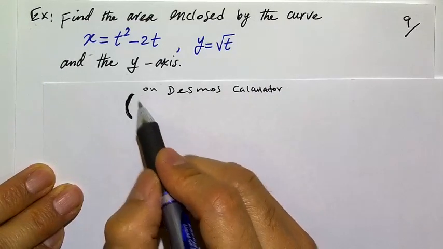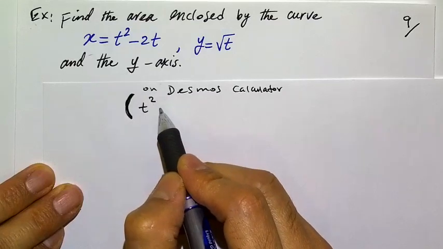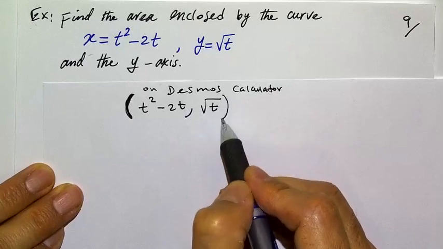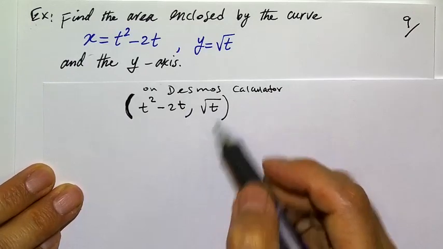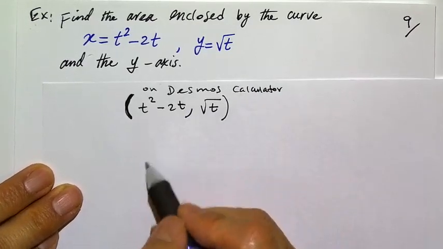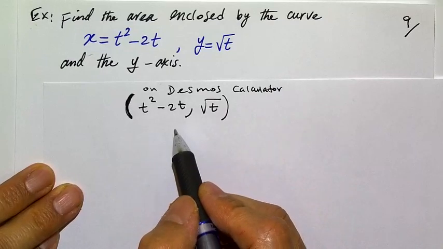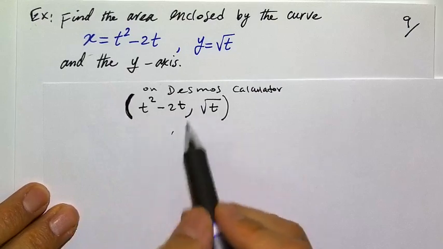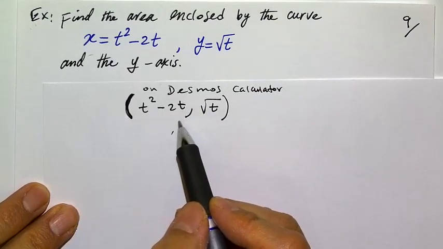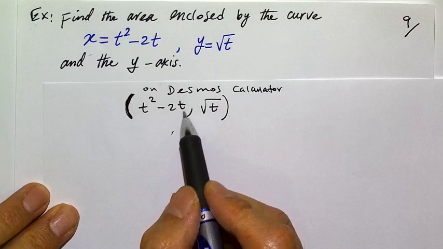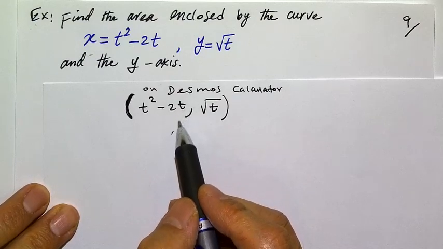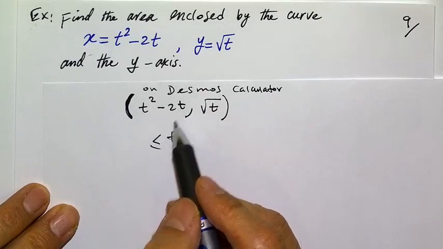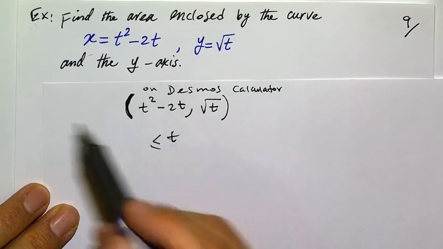Instead of x, you would say t squared minus 2t, comma, for y, you would enter square root of t. And then as soon as you do this, beneath it, it'll open a window where it says enter the interval over which you want to plot this parametric curve for t. So you need to give it an interval for t. In this case, we have to calculate that.